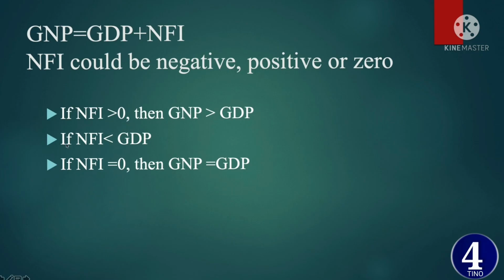Okay, here make a correction, please. If NFI is negative, then GDP will be greater than that of GNP. Make this correction. And if NFI is equal to 0, adding a 0 number on GDP will not make it different from GNP. So GNP will be equal to GDP because this number is 0.